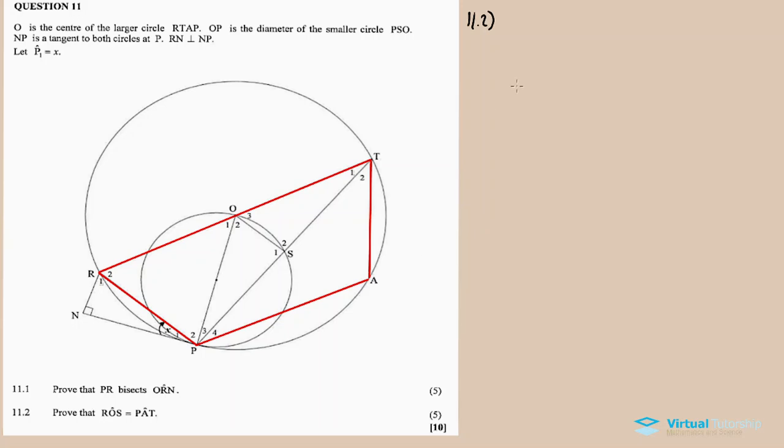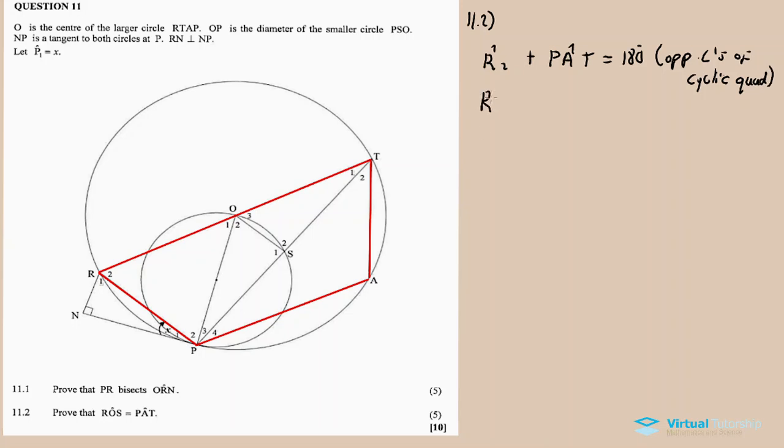Now we say R2 plus angle PAT are equal to 180 degrees. Why? Opposite angles of a cyclic quad.